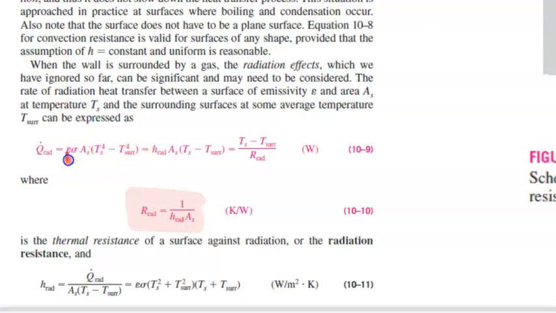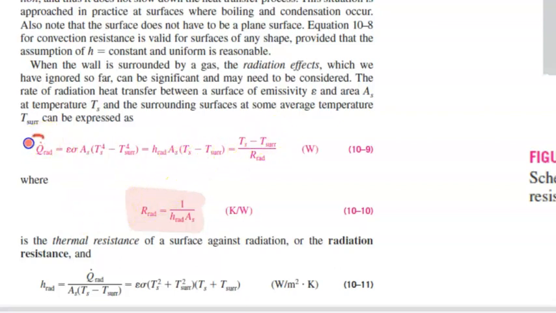Now we got two more coefficients. These two depend on the permittivity, which is how much you are allowing the heat to pass, and another property which we'll discuss later.